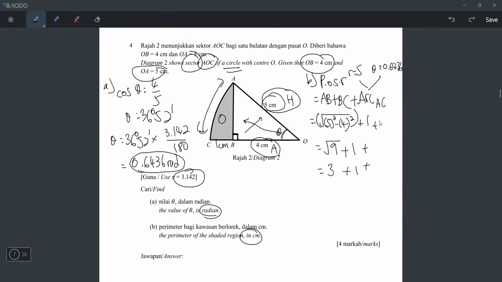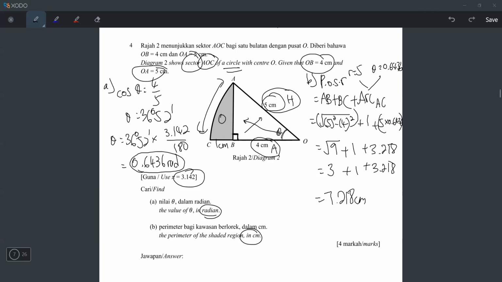So 5 times 0.6436, put in bracket. Let's press now: 5 times 0.6436. The answer is 3.218. So this is also 3.218, and then I will just add everything together. So the answer is 7.218 cm. That's how you do it, right?